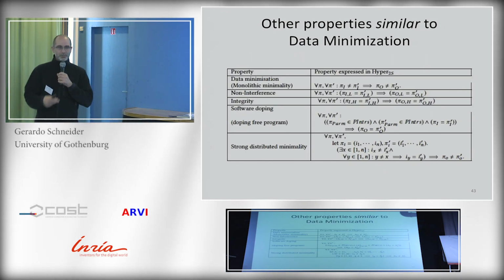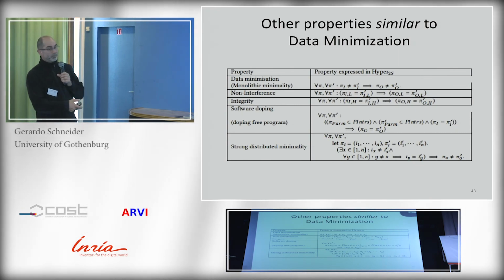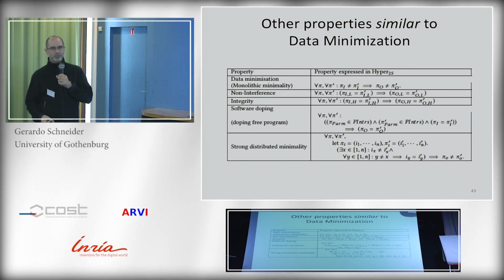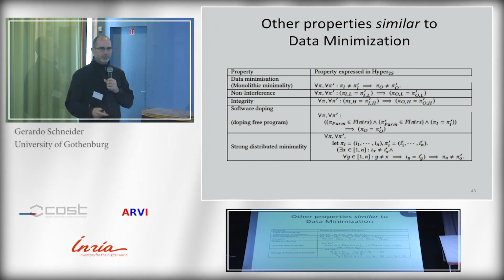So you can see in this table we have the definition and the properties we have considered: data minimization, both minimality and strong distributed minimality, non-interference, integrity, and software doping. All of them can be written in this fragment.